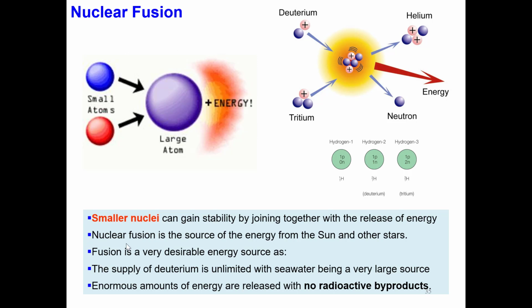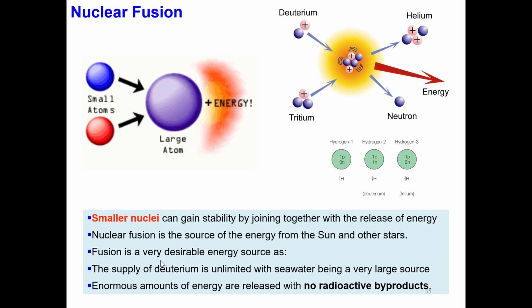Nuclear fusion is the source of energy of the sun and other stars. One example of a nuclear fusion reaction that occurs in our sun is when deuterium reacts with tritium to create helium, energy, plus a neutron. We can see here 2 isotopes of hydrogen, which are small atoms, create helium.